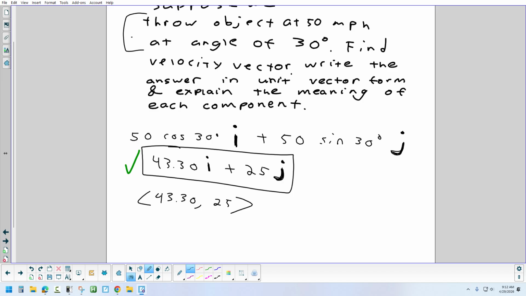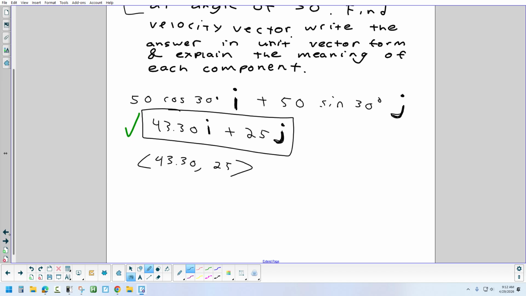I know the velocity of the object is 50 miles an hour at a 30-degree angle, but 43.3 is the velocity of the object as it moves through the air. We're adding a few extra words we don't need. It's just the velocity of the object in which direction? To the right, horizontally. It's the horizontal speed of the object.